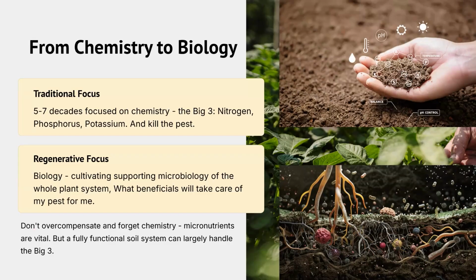There are beneficial microbes that the plant is fostering and cultivating in the soil, but there are also beneficial microbes on the plant leaf surfaces, the upper part of the plant that we typically see. So thinking, okay, what kind of beneficials can I cultivate to help take care of this pest for me?